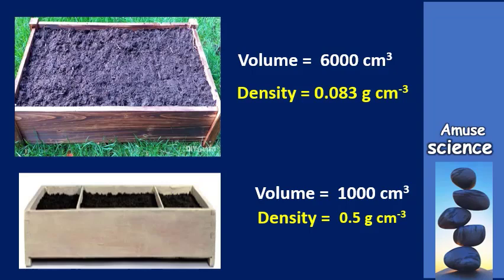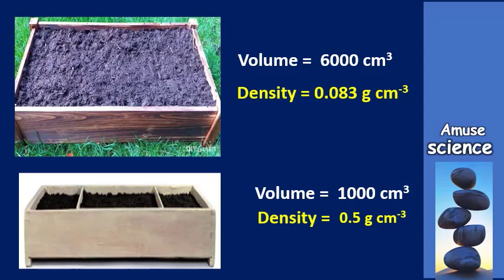We now reduced the volume to 1,000 cubic centimeters and it translated to a density of 0.5 gram per cubic centimeter. So we realize that as we reduced the volume of the system, the density rather increased. This shows that density and volume are inversely proportional.